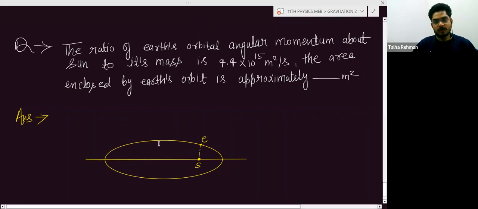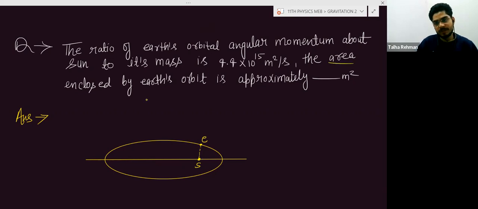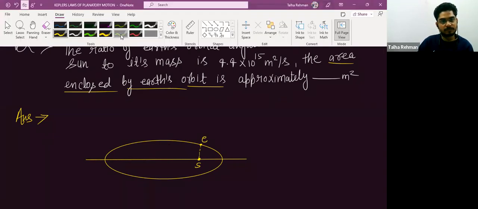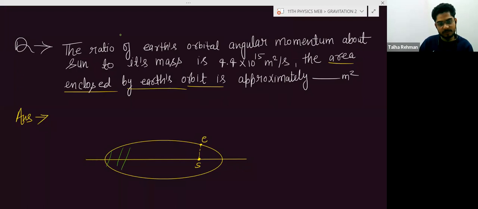So this Earth is revolving around the Sun. So what they are asking, area enclosed by Earth orbit. Area enclosed by Earth orbit means they are asking the total area, because this Earth will move from here to here to here to here. To complete one orbit, the Earth will be at the same position. So basically, you will get the total area. So this total area we have to find.